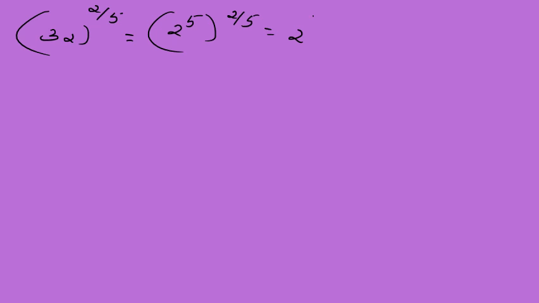Next, 32 raised to 2 by 5. 32 is 2 raised to 5, the whole raised to 2 by 5. So 2 raised to 5 into 2 by 5. 5 cancel. So 2 raised to 1 into 2 is 2 raised to 2. 2 raised to 2 is 4.